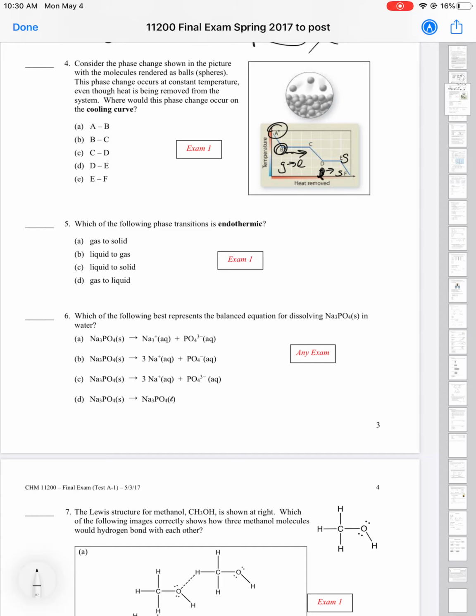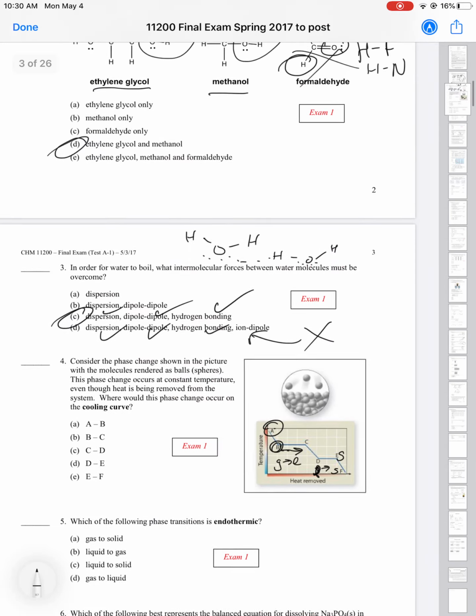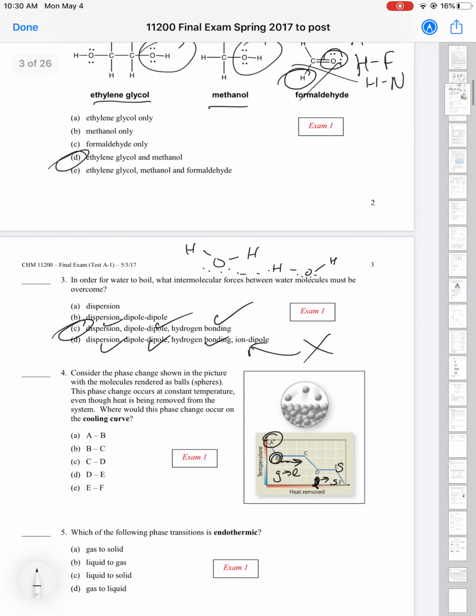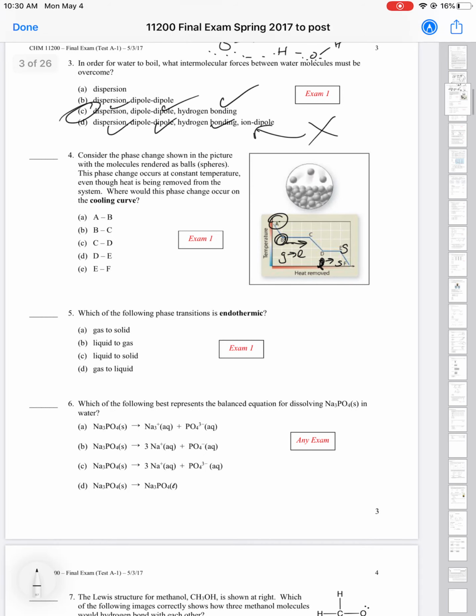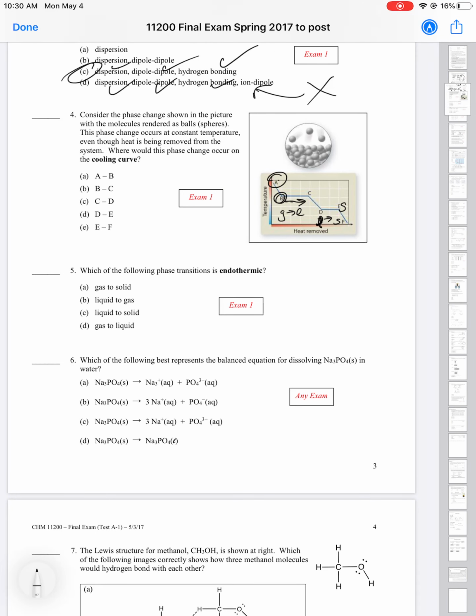So we are curious about the phase change. Okay, so we're asking what is this phase change? So it looks like it's initially a solid. That looks like solid, right? They're all tightly, well, is that solid?